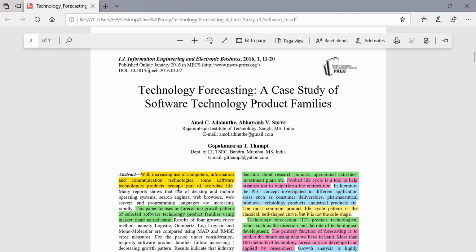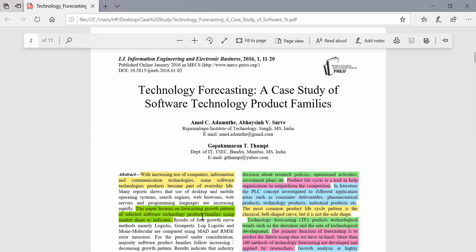When the situation is such, there is a need for embedding ourselves into technology forecasting techniques. This paper mainly focuses on forecasting the growth pattern for selected software technology products and associated families, to indicate how market share is enhanced with the help of technology forecasting.